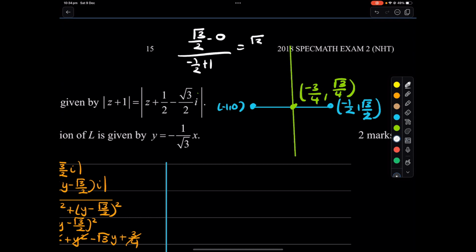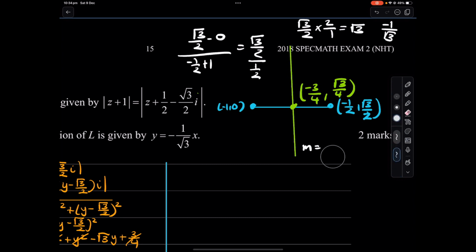So this gives us root 3 over 2 over negative 3 over 2, which is just times 2 over 1, which is root 3. Okay, and finding the perpendicular gradient of it, it's just going to be negative 1 over root 3. Done. So the gradient of this line is negative 1 over root 3.